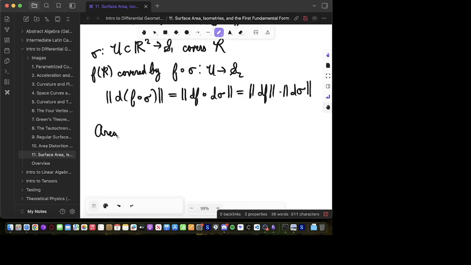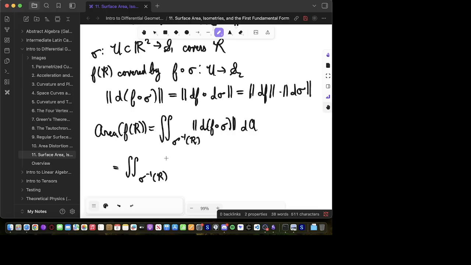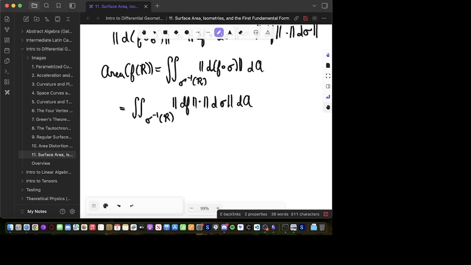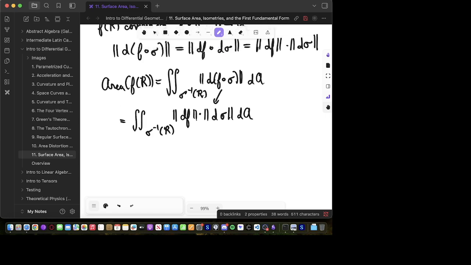Therefore, by our definition of area, that is equal to the integral of the area distortion of d of f composed with sigma, over sigma inverse of R, which, as we stated beforehand, is equal to that, because of this.